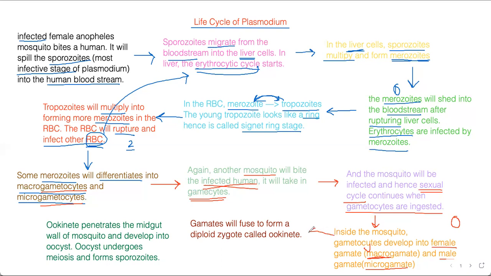After that, gametes will fuse to form a diploid zygote. So the macrogamete, the female gamete, and the microgamete, the male gamete, fuse to form the ookinete. Ookinete is a zygote, and it is the only stage in the life cycle of Plasmodium where it is diploid.